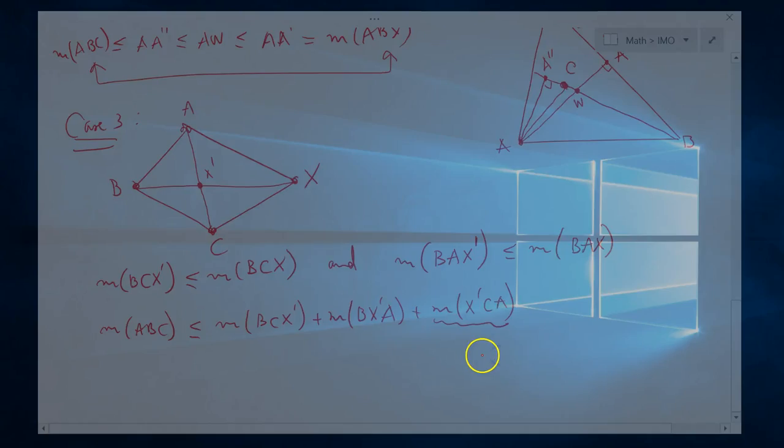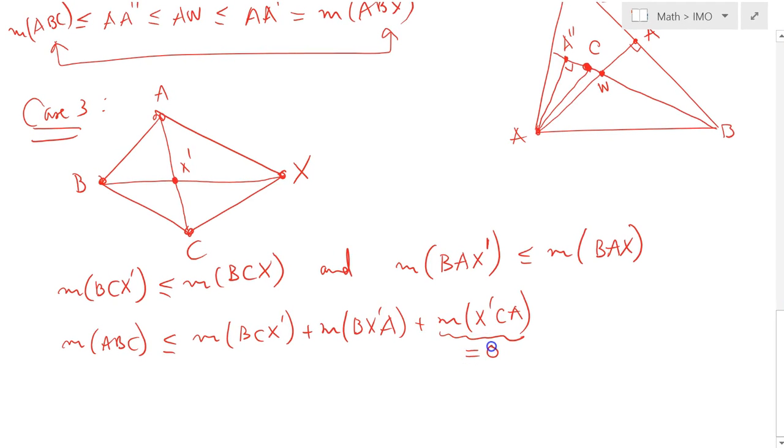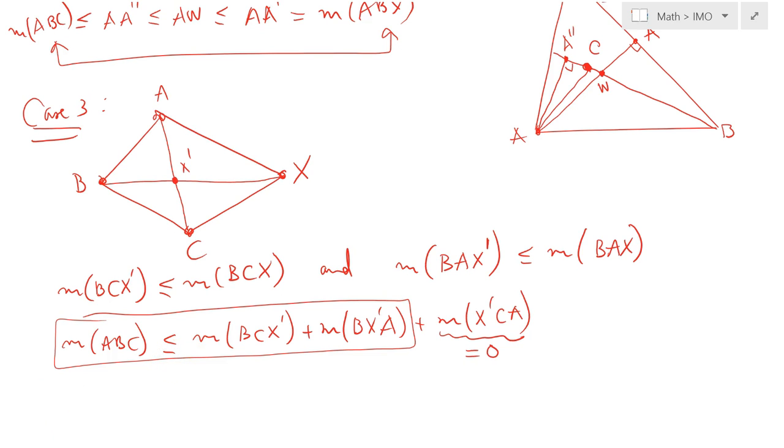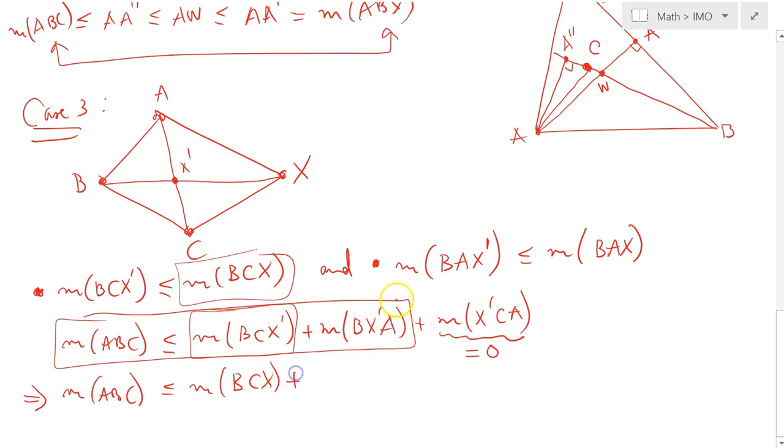But M of X prime CA is simply equal to 0, so we are left with this expression, and combining it with the previous results, we can replace the terms with M of BCX plus M of BAX, and that one was 0.